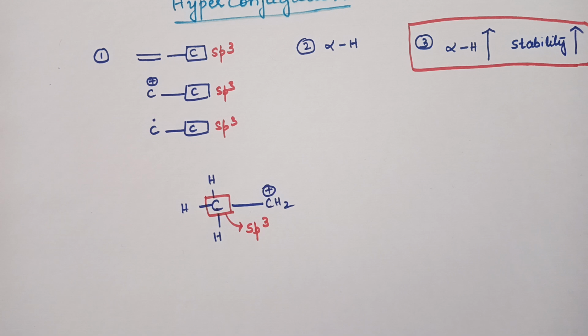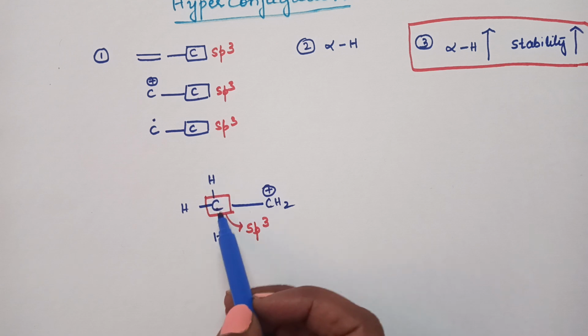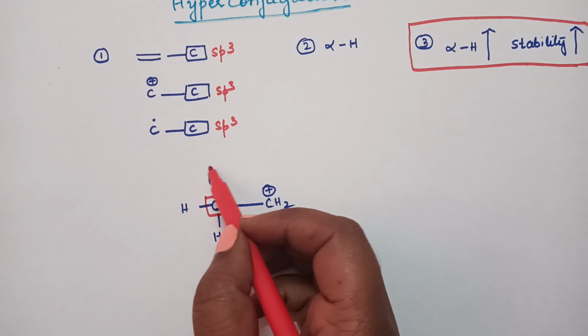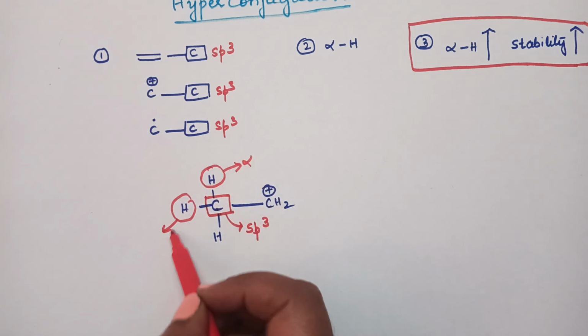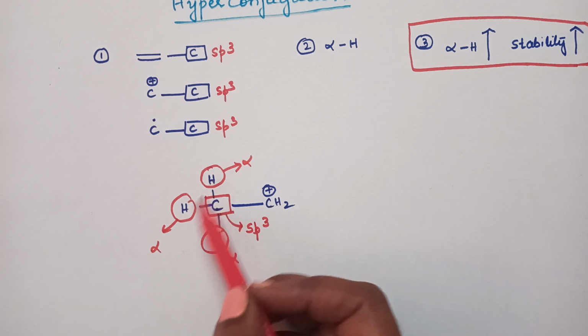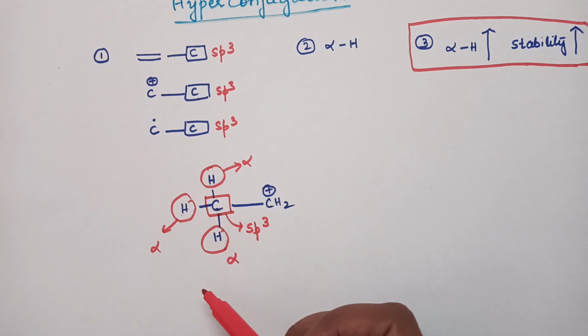Next, what is alpha hydrogen atom? The hydrogen atom which is connected to sp3 carbon, we call them as alpha hydrogen atom. This is alpha hydrogen. So totally there are 3 alpha hydrogens connected to sp3 carbon.